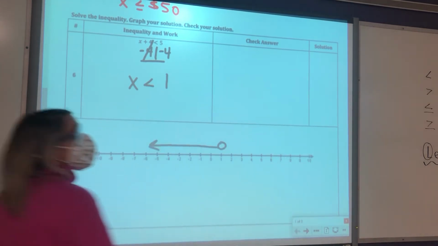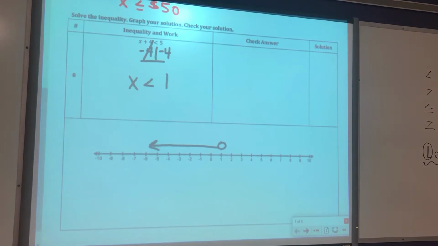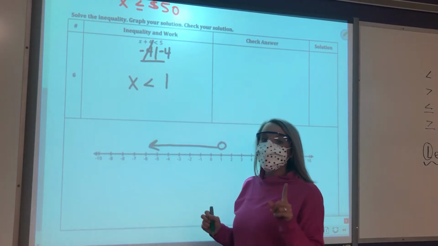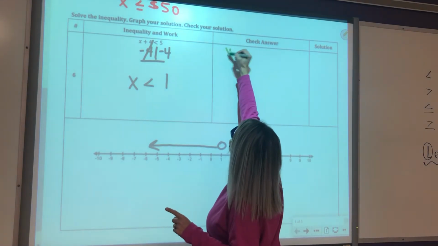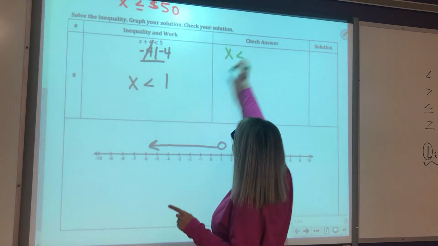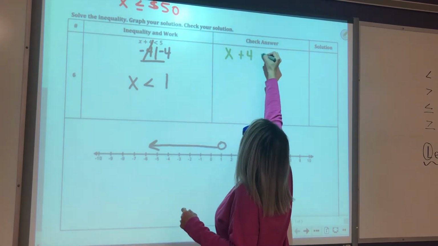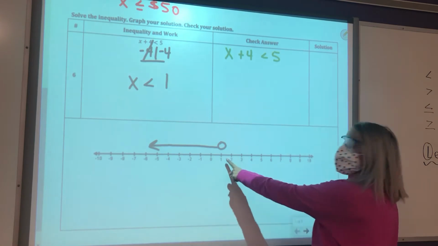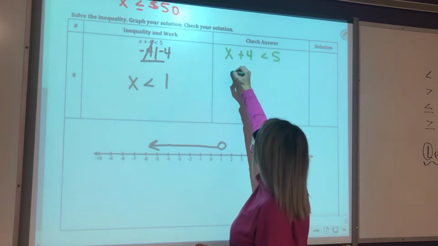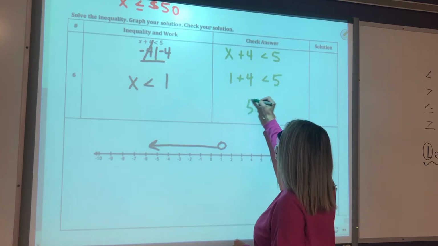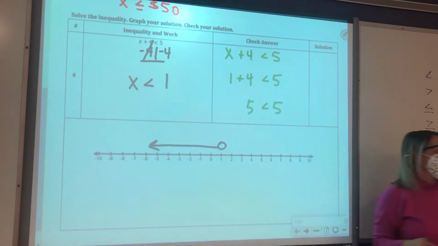Okay, so Tucker said, well, but if I put 1 in and when I check my answer, it's not going to work. Tucker's exactly right. Because if I put 1 in, is 5 greater than or less than 5?